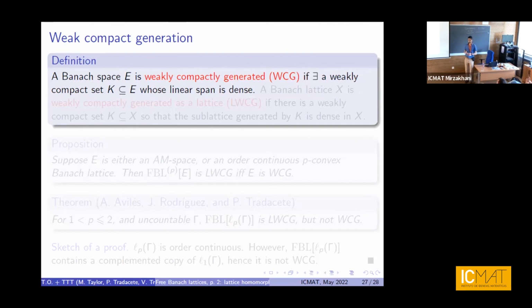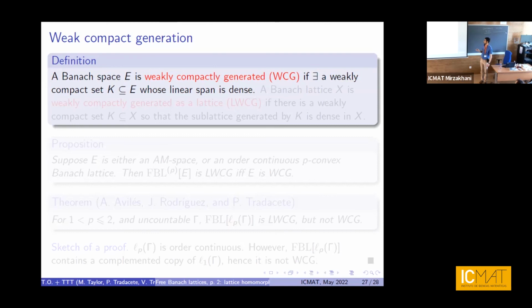And the last topic I wanted to mention is the topic of weak compact generation. So this is I think historically what sparked the interest in free Banach lattices. I'll tell you more in a moment.